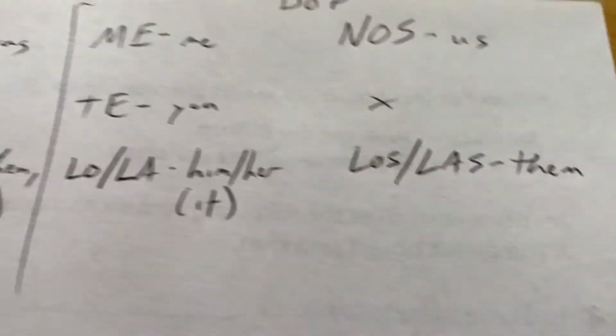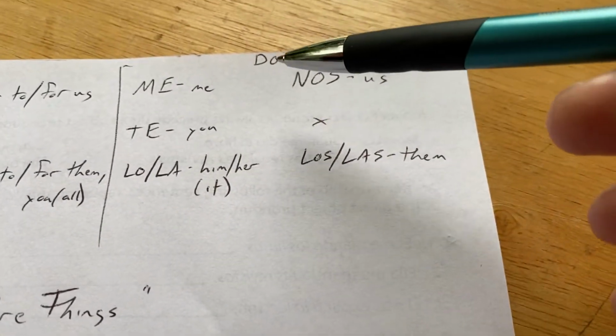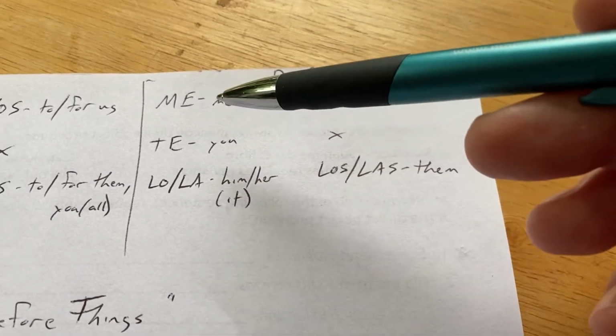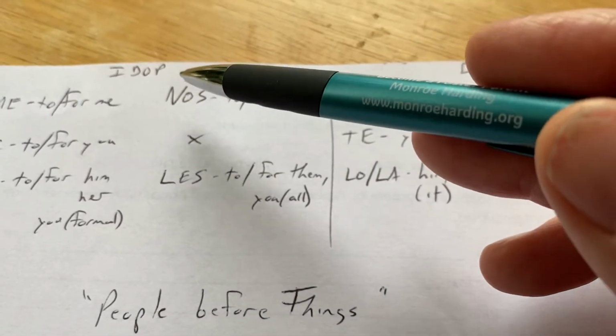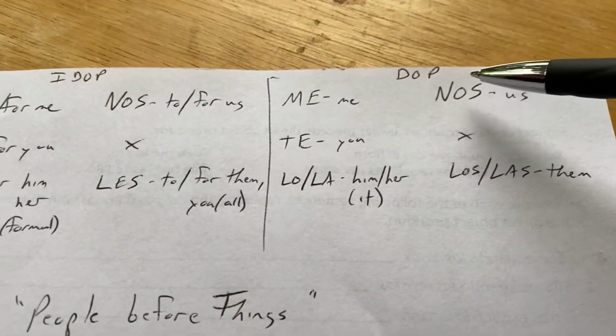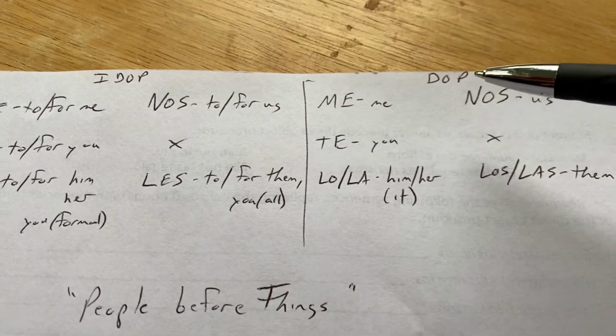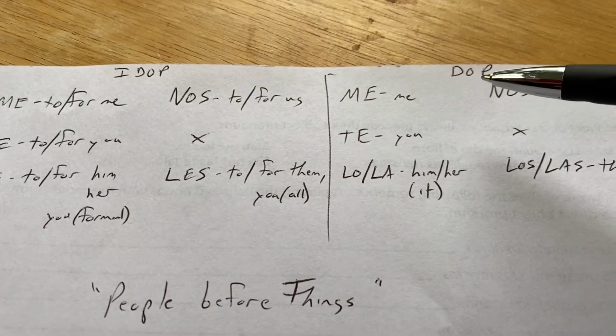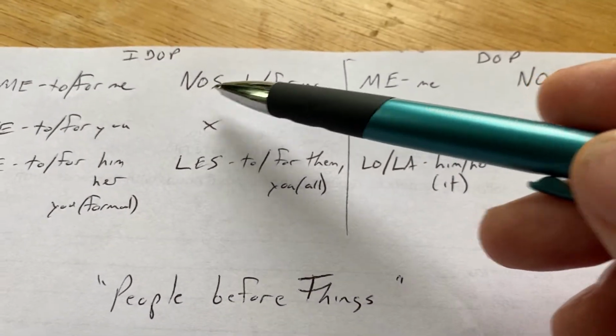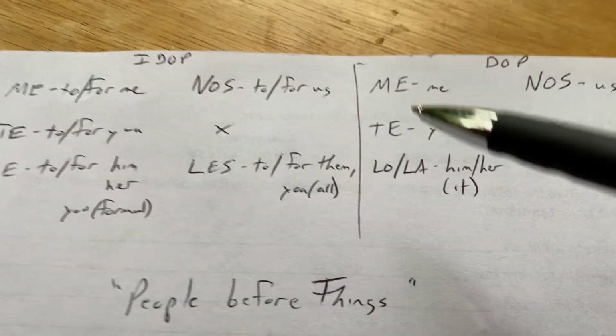So over here is a review from earlier. These are direct object pronouns. And don't forget, pronouns replace nouns. So here's nos, to or for us. Sorry, I'm getting a little bit off track.